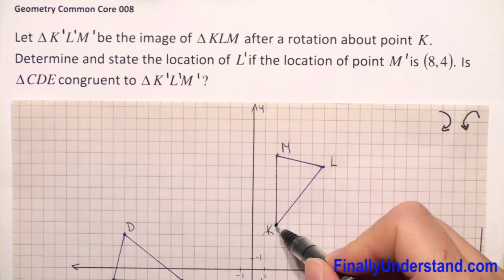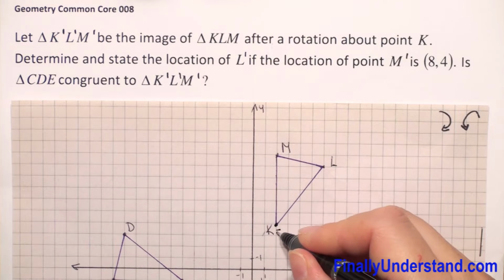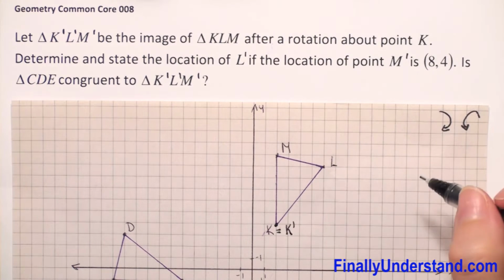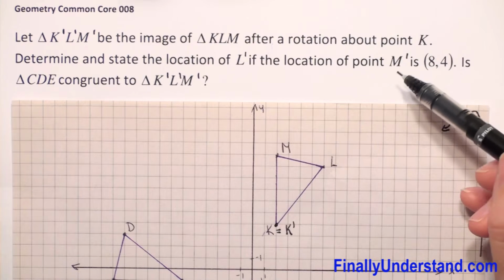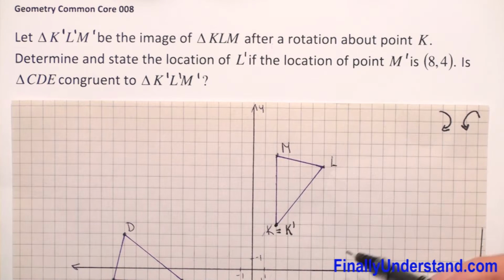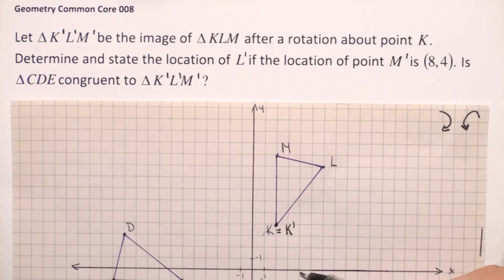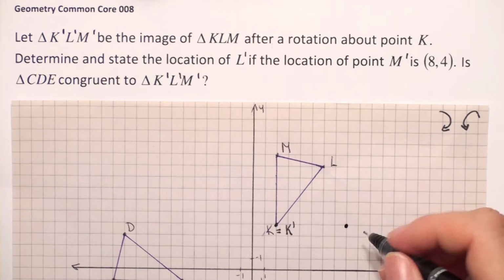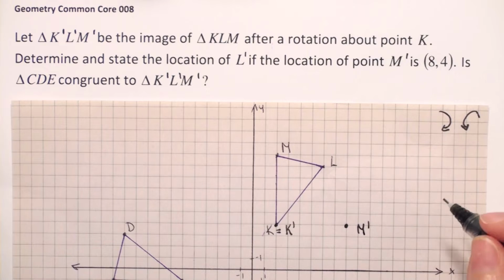So if K is the center of rotation, K prime has the same coordinates as K. And we are also given that M prime has coordinates 8, 4. So let me find this point. We have 1, 2, 3, 4, 5, 6, 7, 8 and 4 up: 1, 2, 3, 4. This is our point M prime.